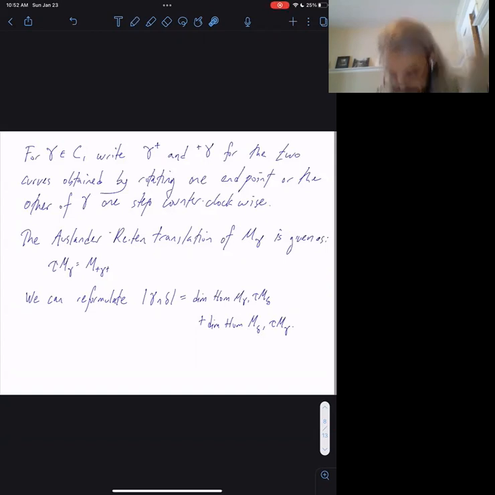And the nifty thing, for my purposes today, is that counting intersections of curves can be translated into the representation theory as well. So we not only have a translation of the objects, but also of the key thing we needed to do with curves, which is count intersections. And it turns out that the number of intersections is the sum of the dimensions of two Hom spaces.